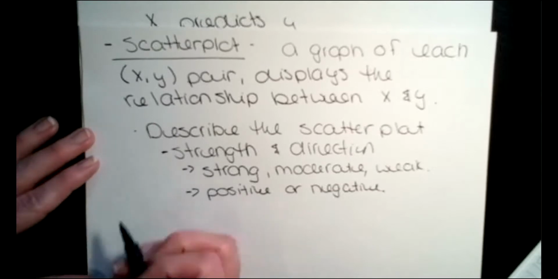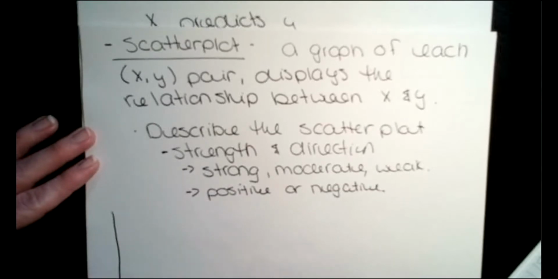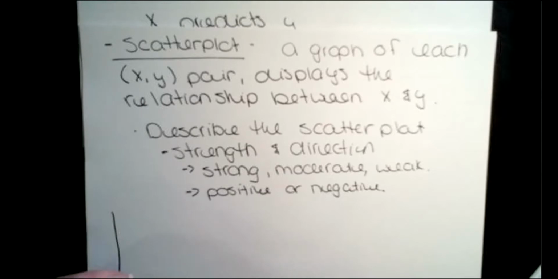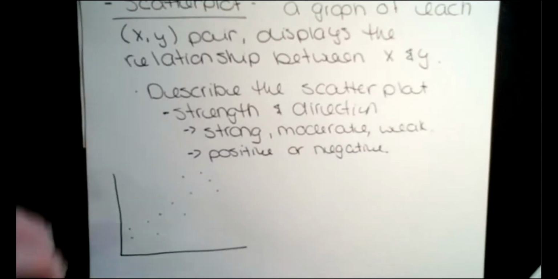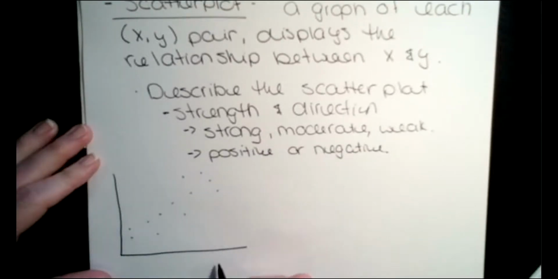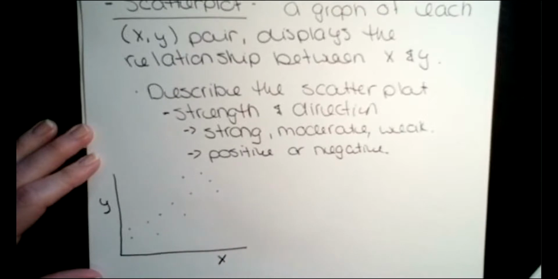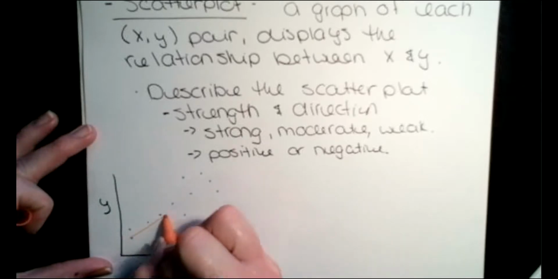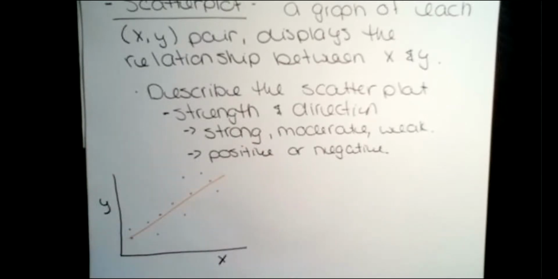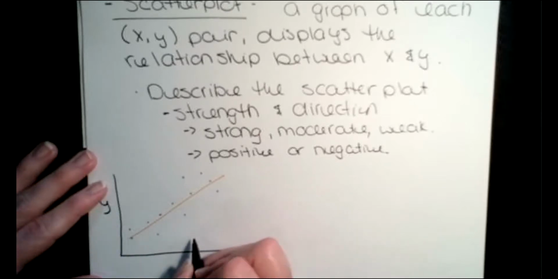So here, when we have a scatter plot, something like this, okay? This is my x, this is my y. This is going to be a positive. You can see the line would go right here, okay? So this would be a positive slope to my line.